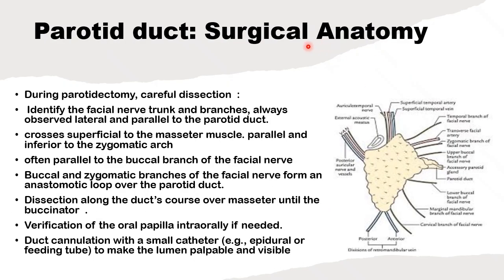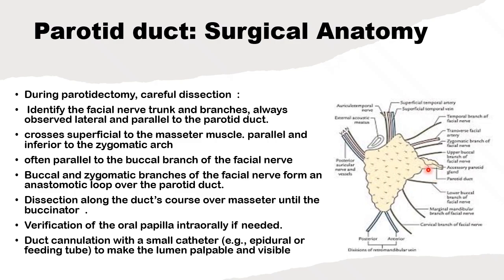The surgical anatomy of Stensen's duct starts after identifying the anterior edge of the parotid gland. This is where the duct starts. There are several important structures around it. The most intimate would be the accessory parotid gland, which can lie over or beneath the parotid duct.